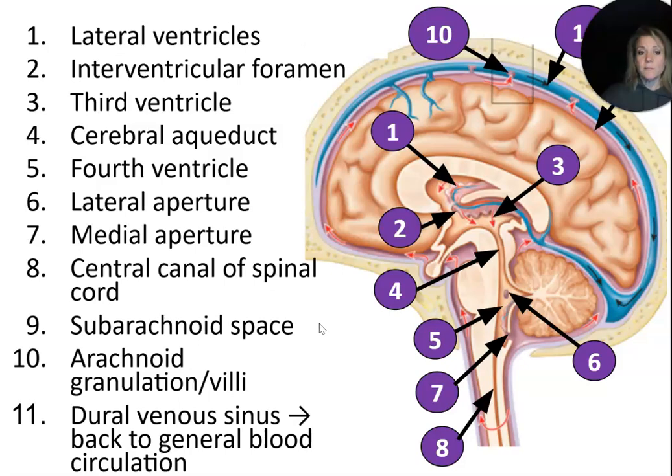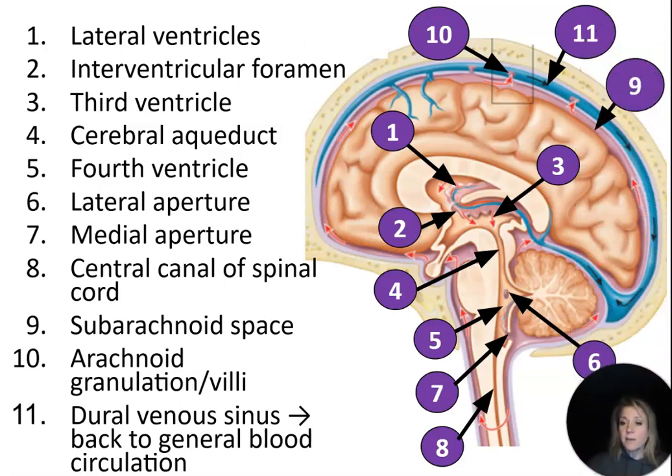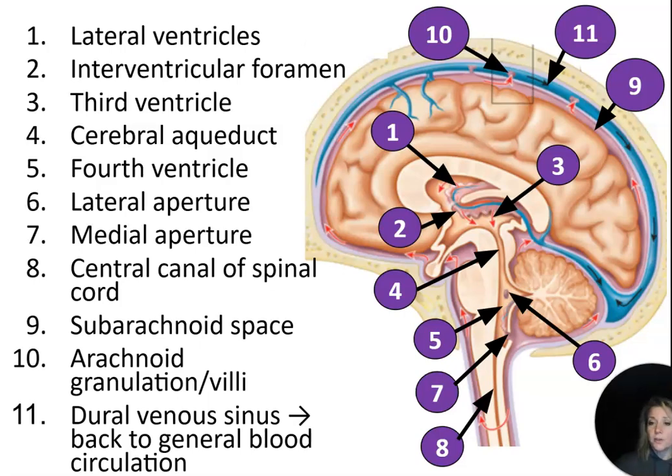This is a mid-sagittal section of the brain. On your sheet, we are looking at slide number 22. Once again, number 1 is a lateral ventricle. Number 2 is the interventricular foramen. Number 3, we are looking at the third ventricle. Number 4 is the cerebral aqueduct. Number 5, we have the fourth ventricle.